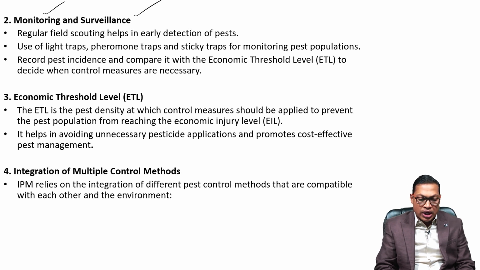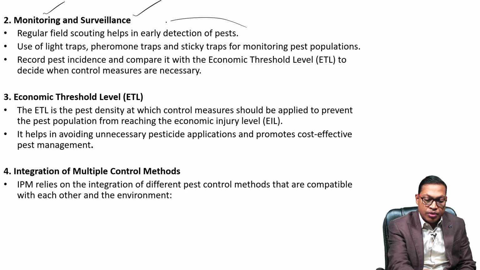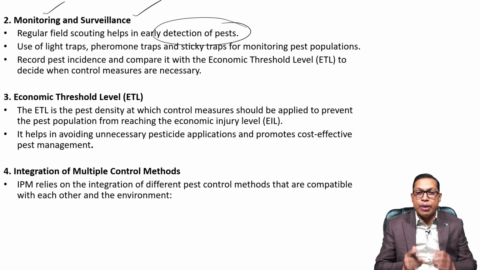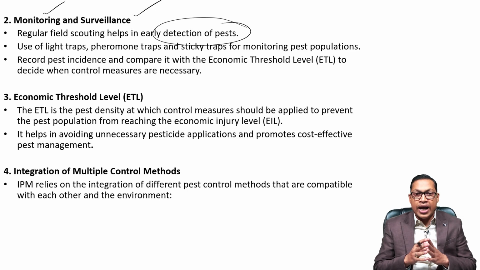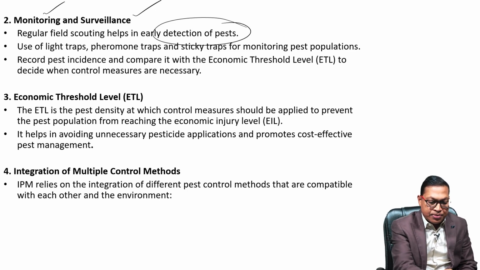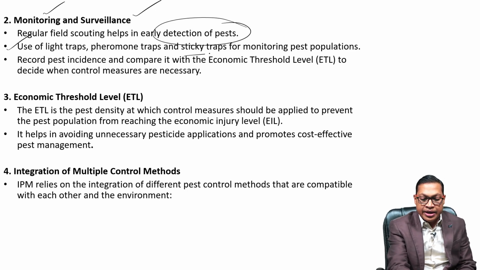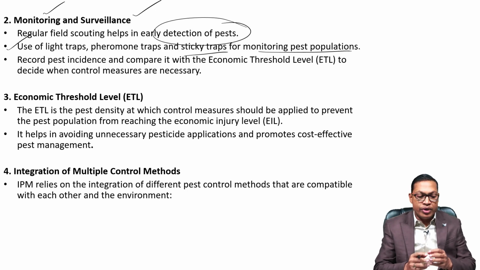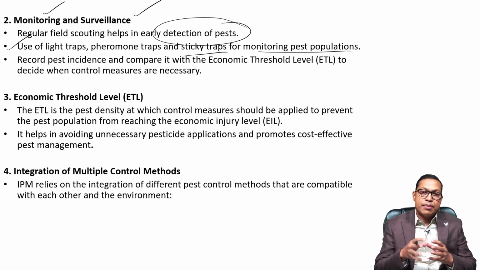We have to go for regular field scouting to help early detection of the pest. We have to know which type of pest is coming in our field. Then use light traps, pheromone traps and sticky traps for monitoring the pest populations. We will install light traps.